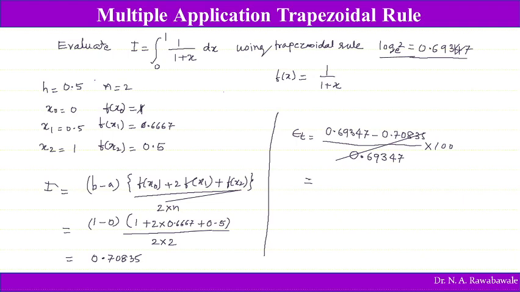So this is 2.14%. Minus or plus doesn't matter, so the error is 2.145%.